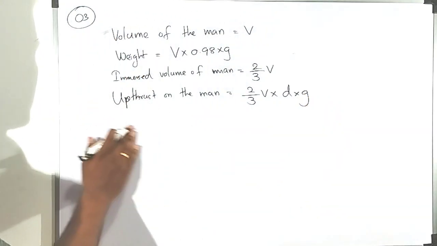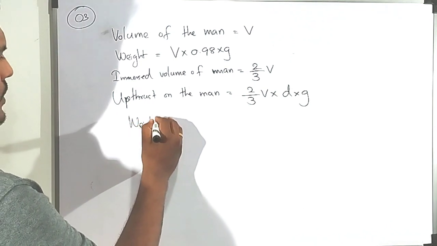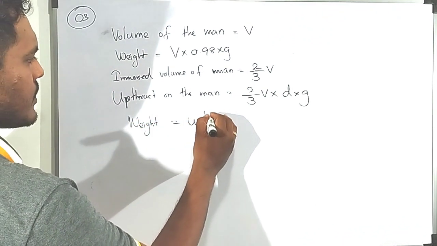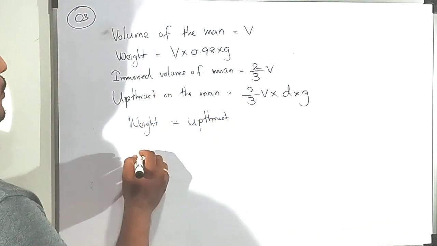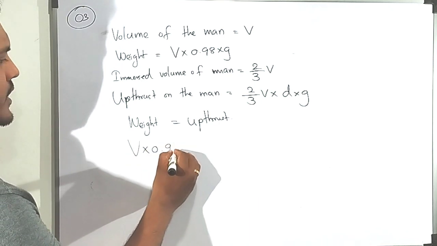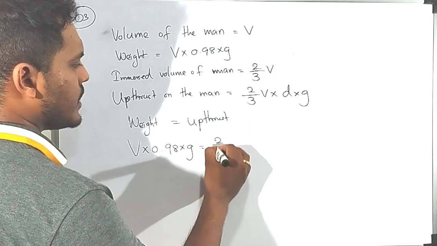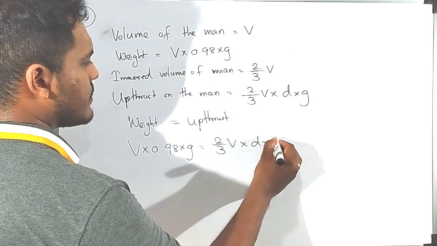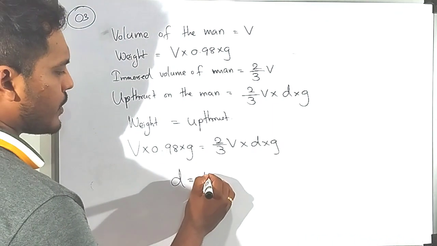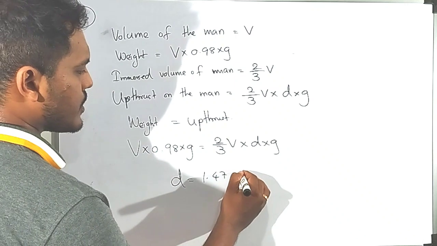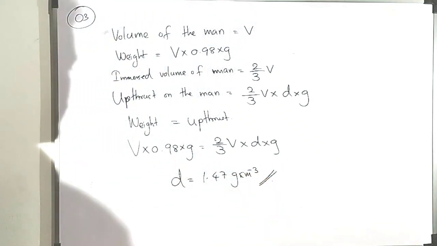Because of floating, the weight equals the upthrust. So V into 0.98 into g equals 2/3 V into D into g. If we solve this, D equals 1.47 grams per centimeter cube. Then the answer is number 2.